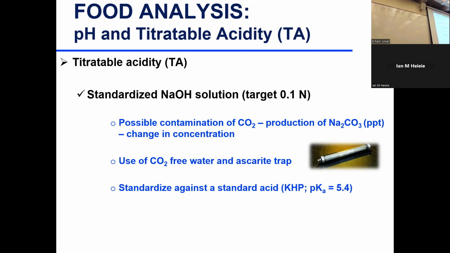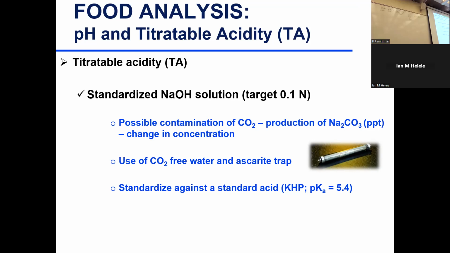Because if you have CO2, it's going to change even the concentration of your NaOH. Why? Because if you prepare NaOH with water that has CO2 in it, you're going to form sodium carbonate. This is going to precipitate and change the concentration of your NaOH.